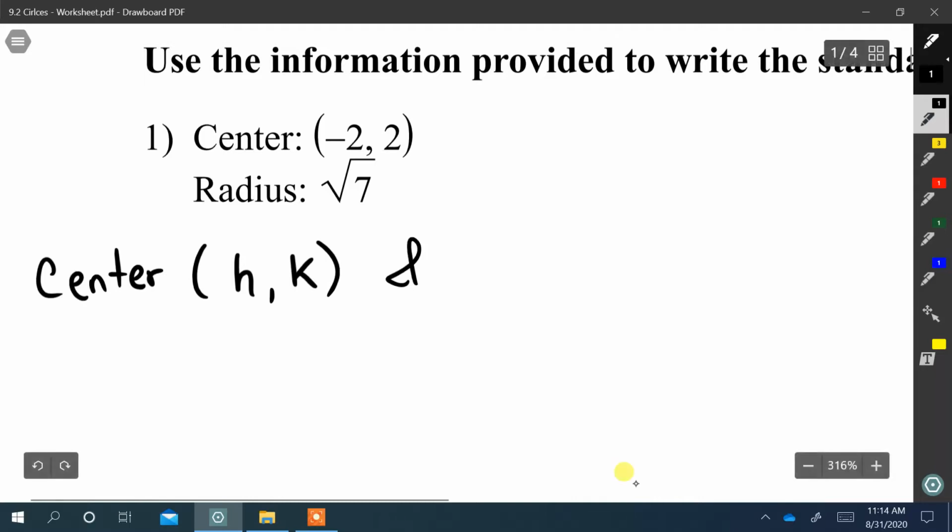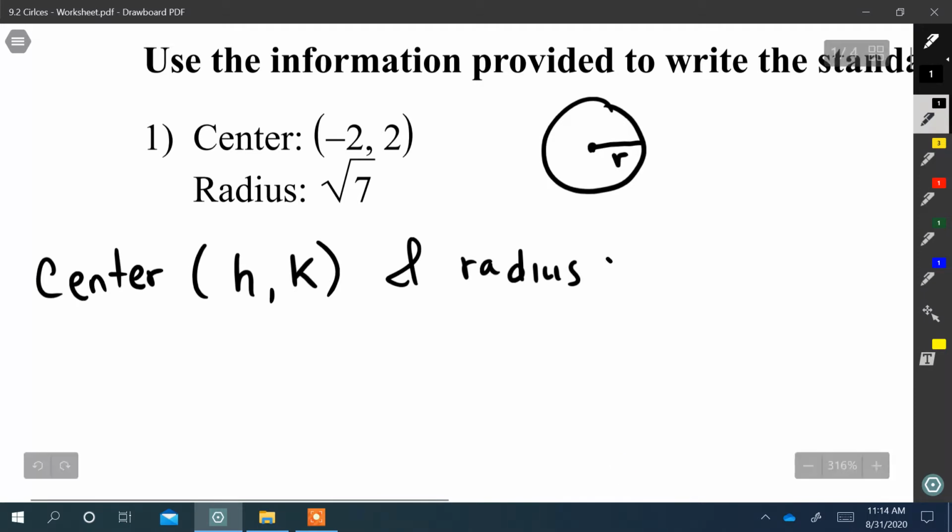And then you have a radius. Remember, if you have a circle, the radius is right there. If you have a radius R, then we can write an equation using that, and it's the following.